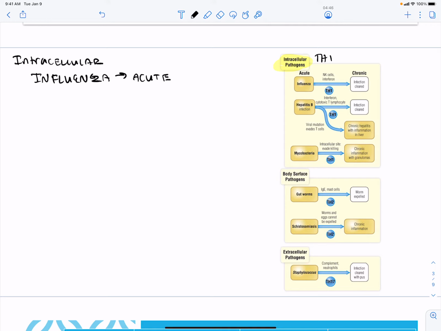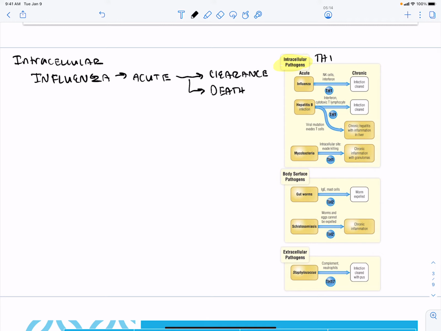And so you have two outcomes: you have clearance, and alternatively, you have death. So that's all you can have with influenza. You cannot become chronically infected with a respiratory virus. And that's the same thing with our COVID-19 virus. It's the same thing with our RSV virus, respiratory syncytial virus. You have to get rid of those viruses.